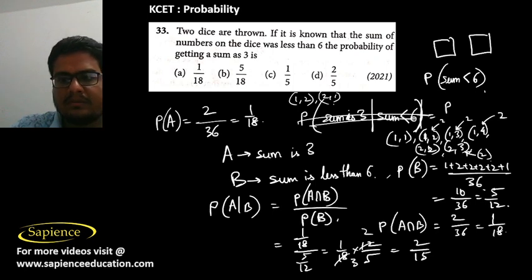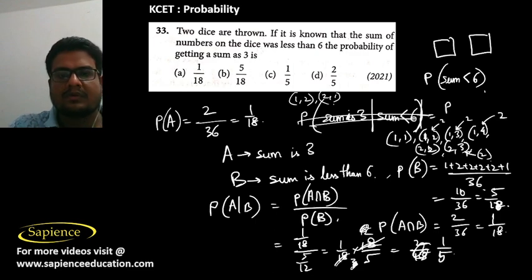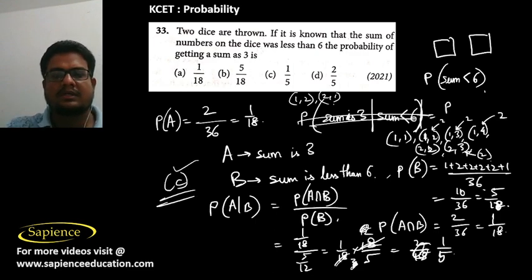Two fives are 10. Okay, sorry, this is 2 into 18, that is 36. So this is 5 by 18. 5 by 18, so 18 and 18 cancel. So this is 1 by 5. So option C is the correct answer.